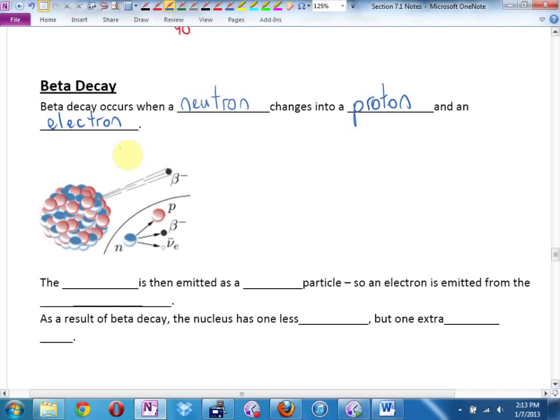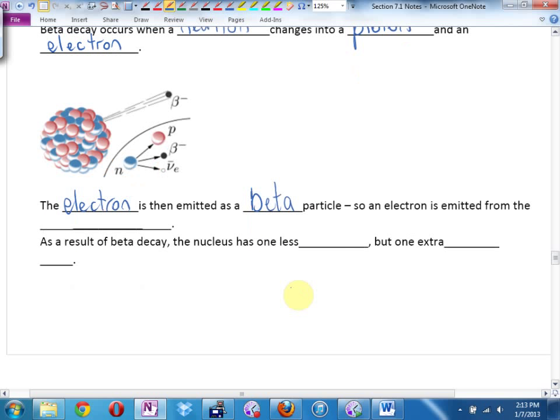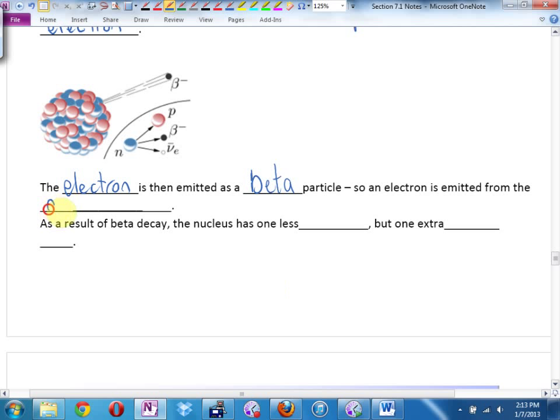So the electron is then emitted as a beta particle. So an electron shoots out from the nucleus.